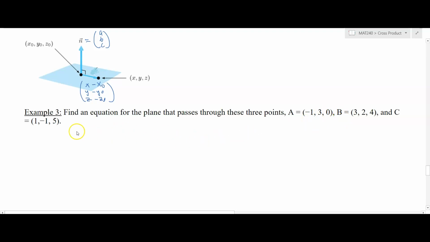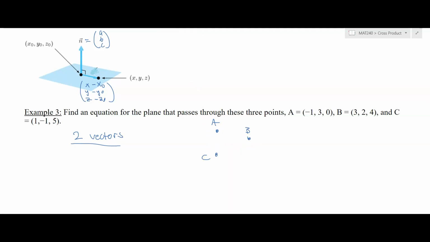So how do we find 2 vectors? If I have 3 points, and I'll just pretend that these are A, B, and C, rotated properly to make it look like we're looking down on them, then I have a few different options. I can form a vector from A to C, or I can form a vector from C to A. I can form a vector from A to B, or from B to A, or from C to B, or B to C. It really does not matter.